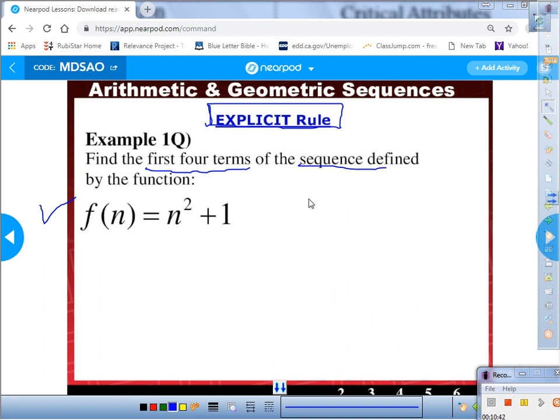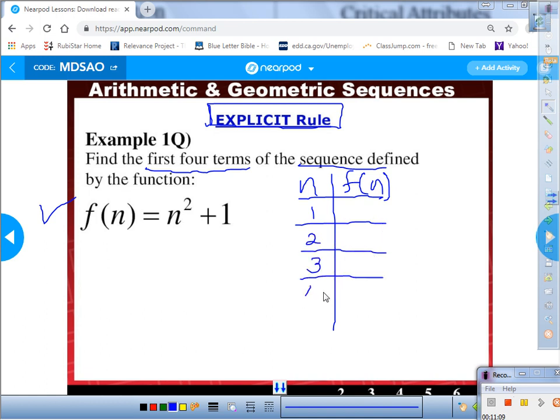I'm going to make a table over here. However, instead of x, what do I have now? N. And instead of y, what do I have? F of n. And how many terms do they want us to find? First four. So I'm going to do 1, 2, 3, 4.